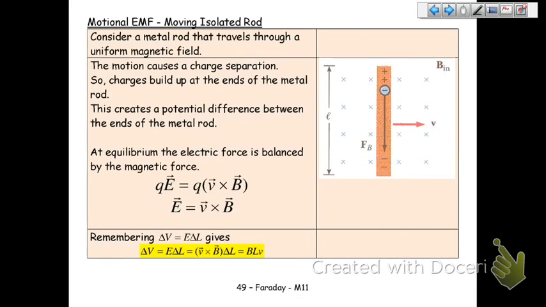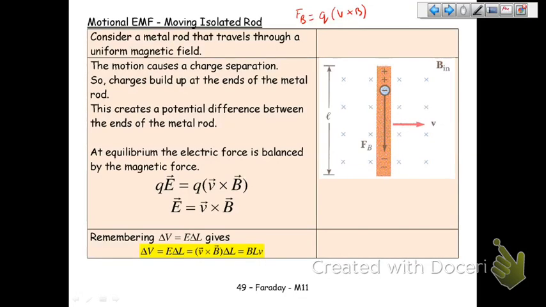So what happens is, if we think about it from the right-hand rule, the Earth's magnetic field is, in this case, going into the screen. Remember, F_B equals Q V cross B, and our magnetic field is going into the page. Our V in this case is going to the right.